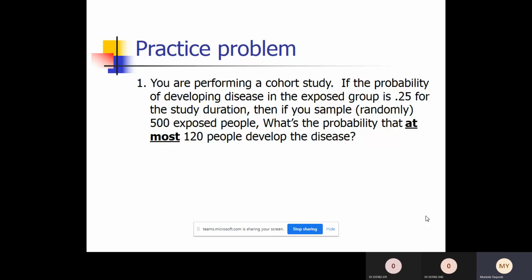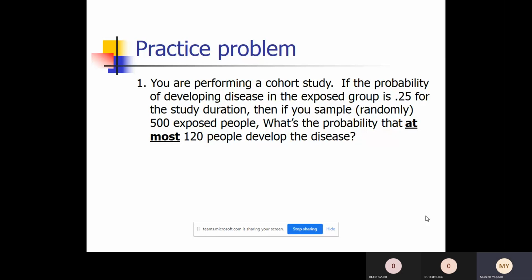Now what is the number of successes? Here they are asking for the probability that at most 120 people develop the disease. So in such a scenario, X is 120 or less.